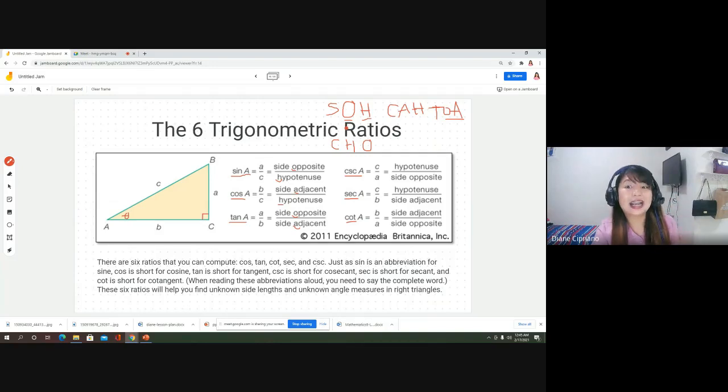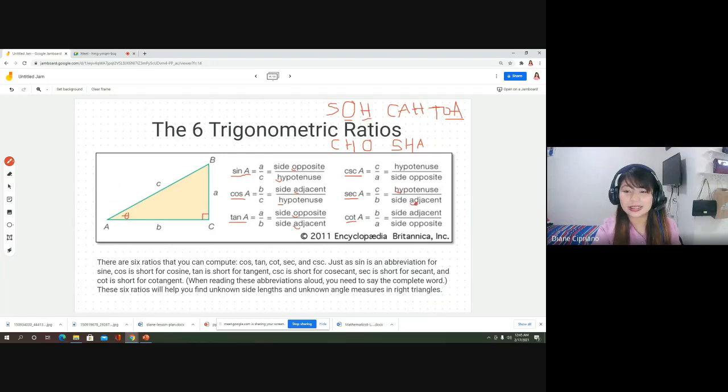So pagbabaliktarin lang natin siya. Next, secant is the reciprocal of cosine. Therefore, secant is equal to hypotenuse over adjacent.